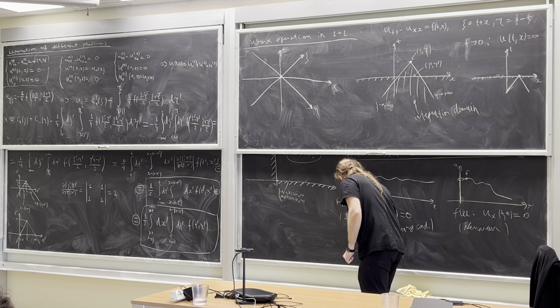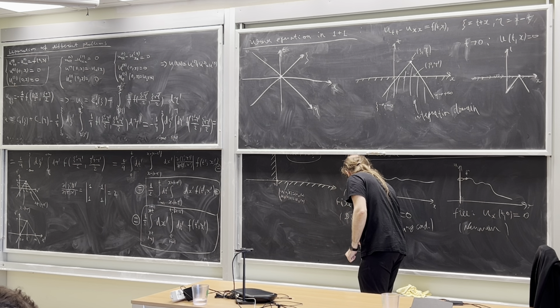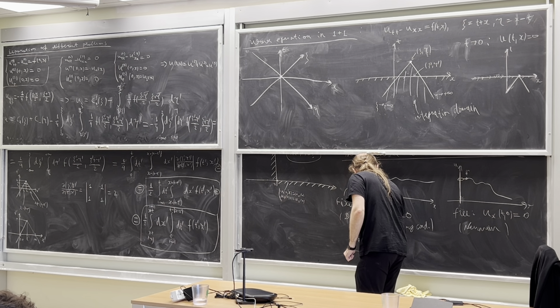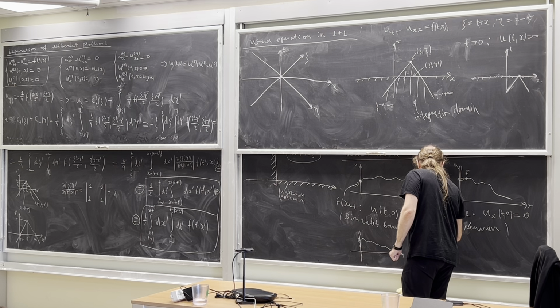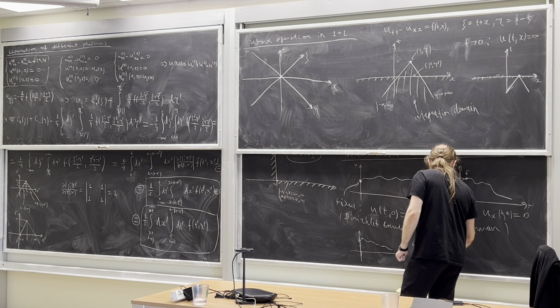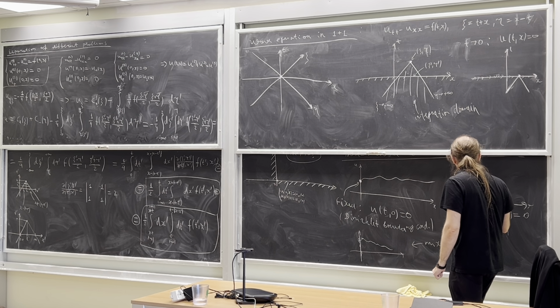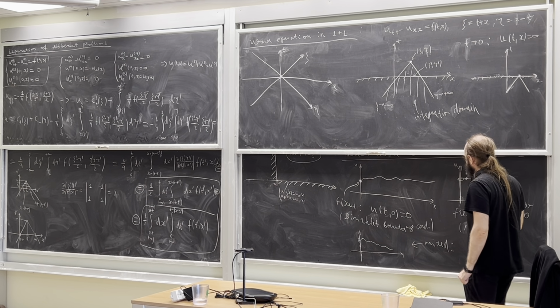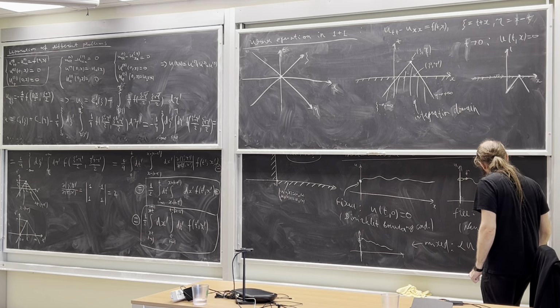So it is something like this. This is called mixed, and it is written as alpha u of t and 0 plus beta u_x of t and 0 equals 0.